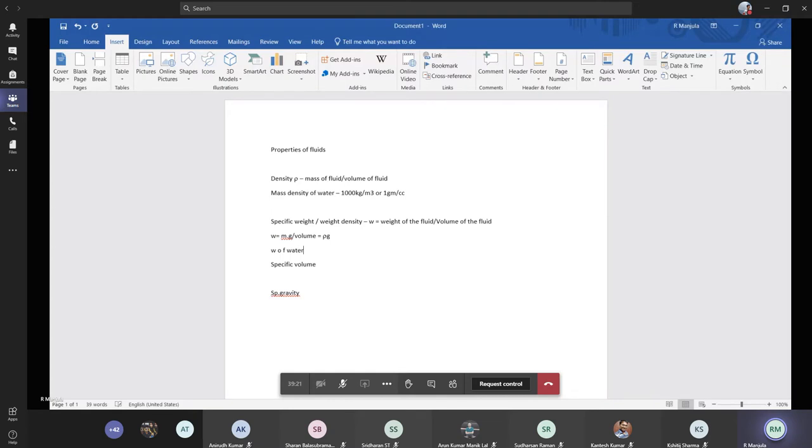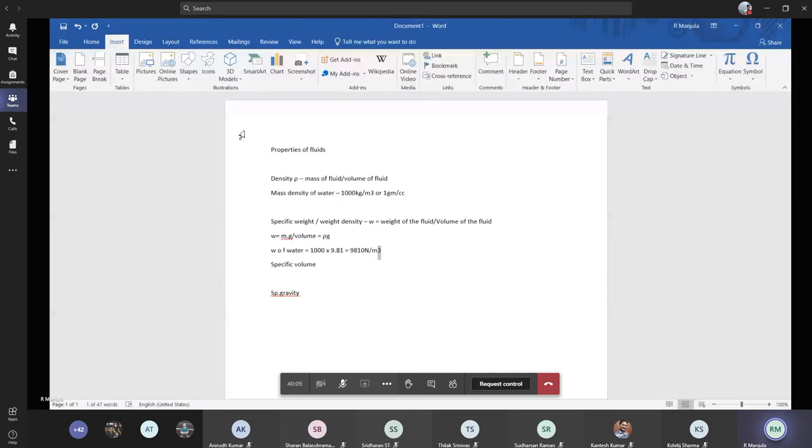Because rho is 1000 kg per meter cube and g is 9.81 meter per second square.